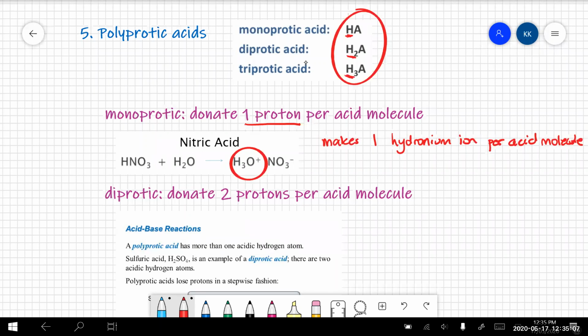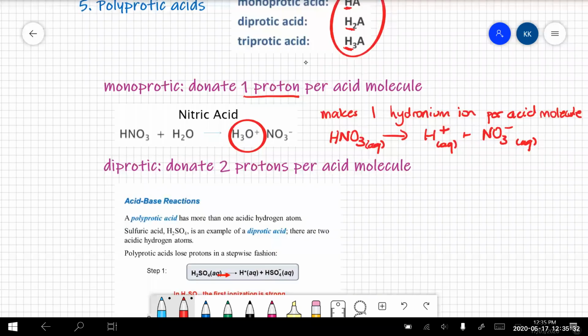You could write this, a sort of simplistic way to write the monoprotic thing, is to actually just use H plus and leave the water out of it. And you'll see acids and bases worked in this way from time to time. I think we can, at year 12 level, use H3O plus.